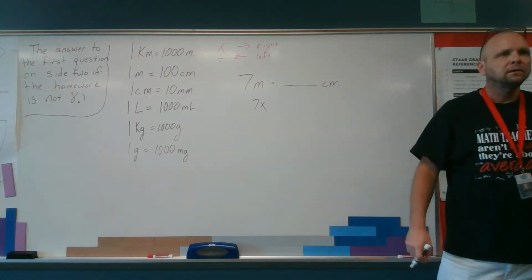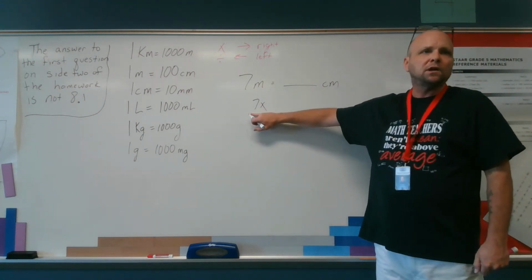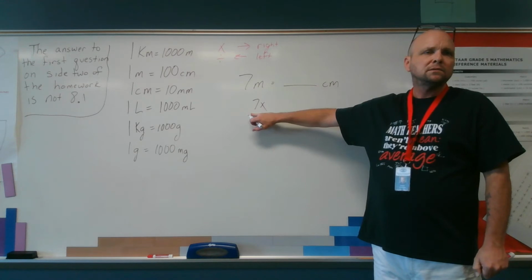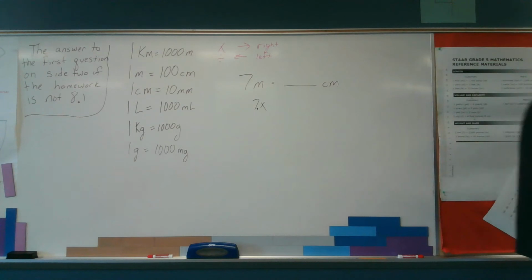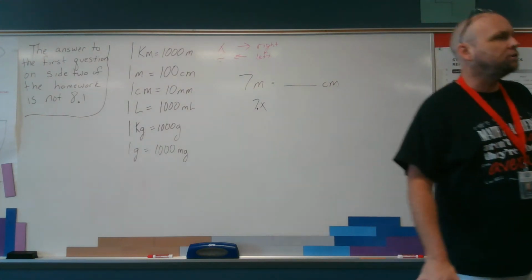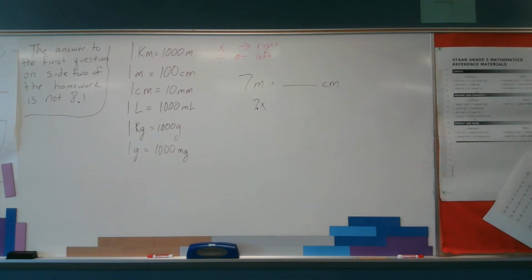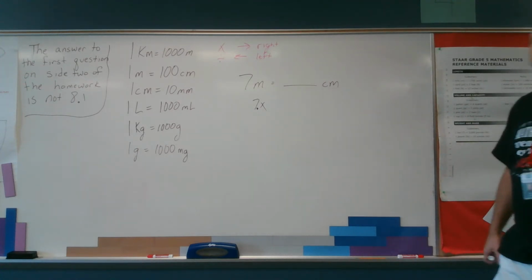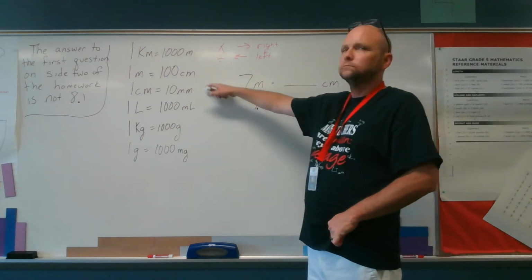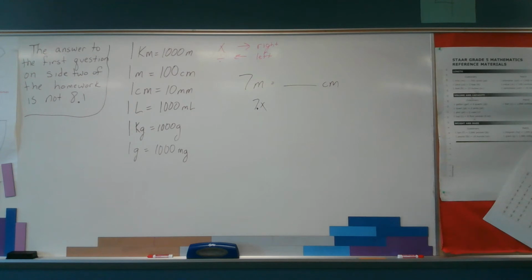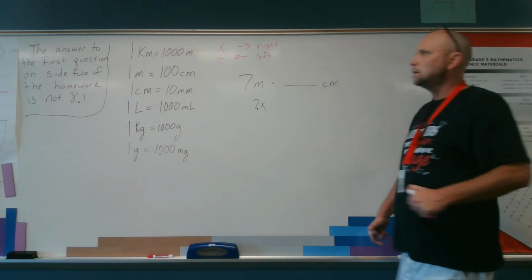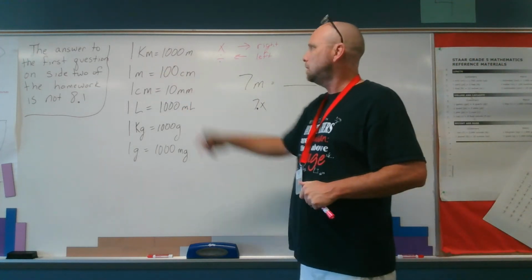In this number right here, which number's in the ones place? The 7. My decimal point always goes behind the ones place. And how many centimeters are in 1 meter? 100. 1 meter equals 100 centimeters.